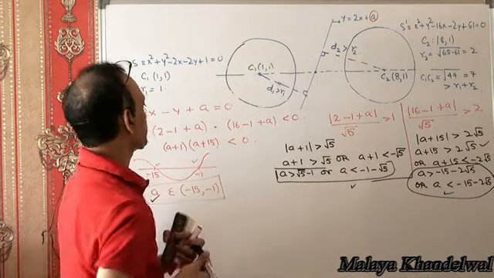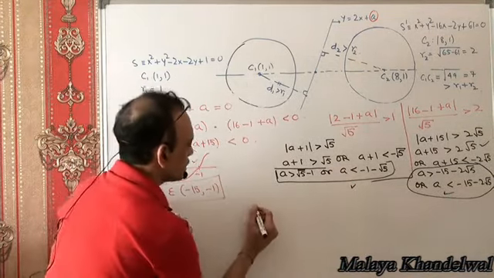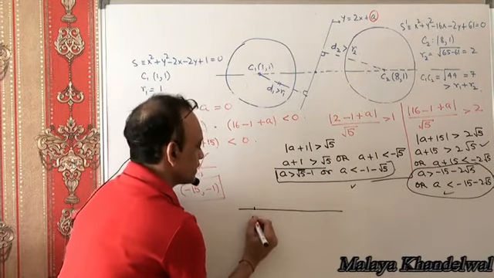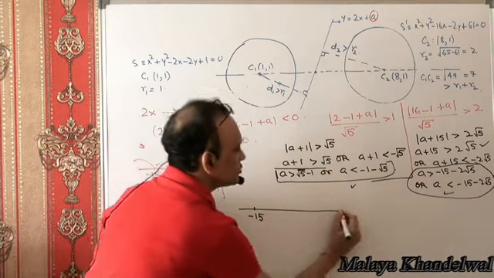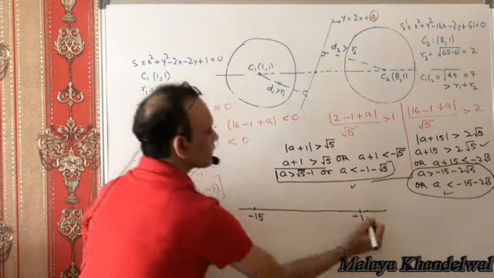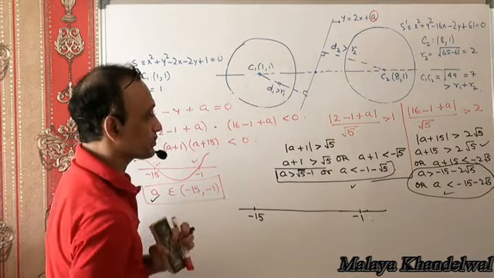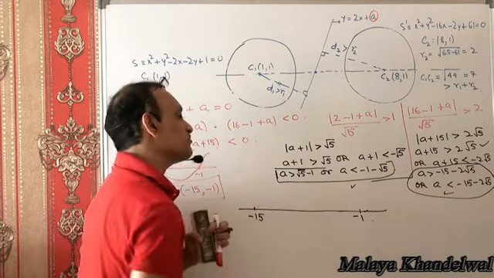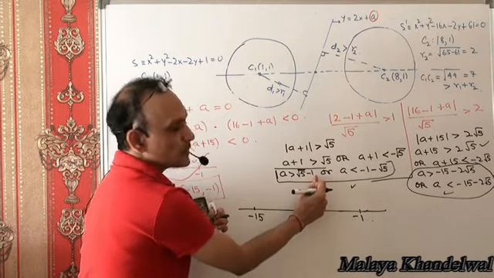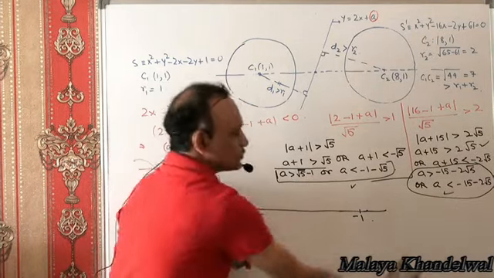Let's put it all together. So first of all, I know that a must belong to minus 15 to minus 1. So let me have my processing window as minus 15 to minus 1. Surely in this interval. Now, a greater than root 5 minus 1? That's not possible, because root 5 minus 1 is a positive number and it will lie to the right of minus 1.